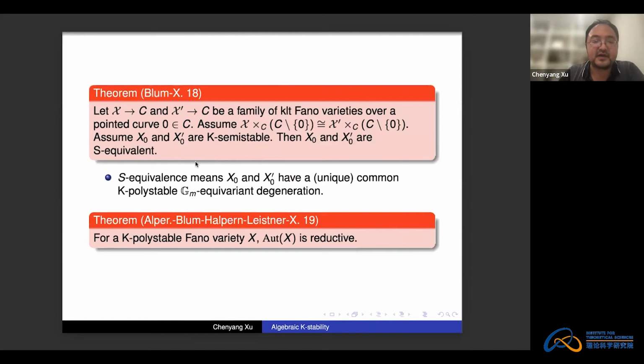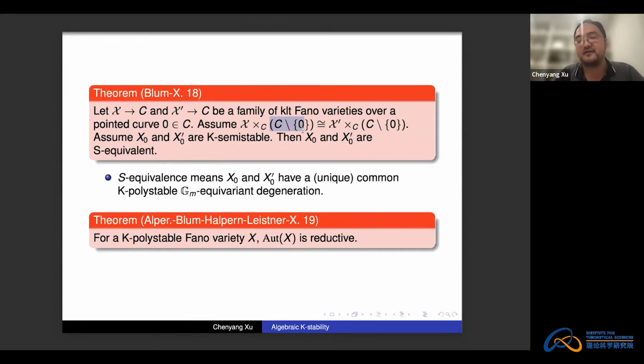So first, let me talk a little bit about the uniqueness. What does uniqueness say? Uniqueness says that if I have two families of Fano varieties over a pointed curve, and we assume that outside one fiber they are isomorphic, then the uniqueness should say that the special fibers are also isomorphic.